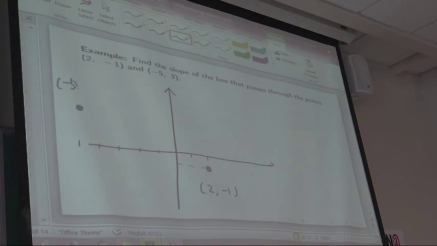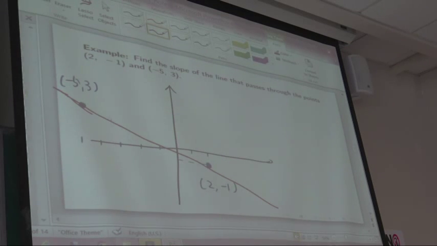When you connect them, the line should pass through both points. Then we will find the slope of this line.